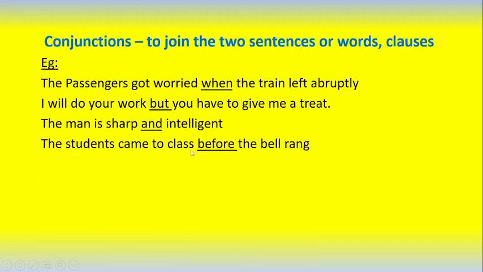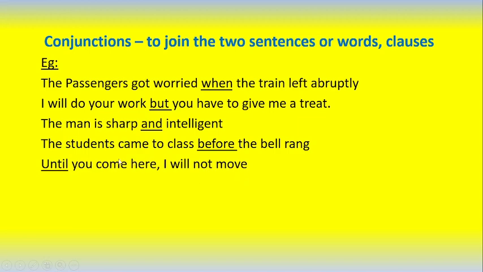The students came to class before the bell rang. The students came to class is one sentence. The bell rang is another clause here, so it is joining one sentence and a clause, so before is used as a conjunction. And next one, until you come here, I will not move.